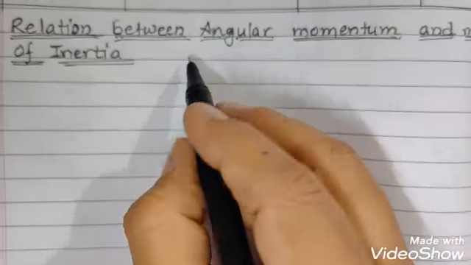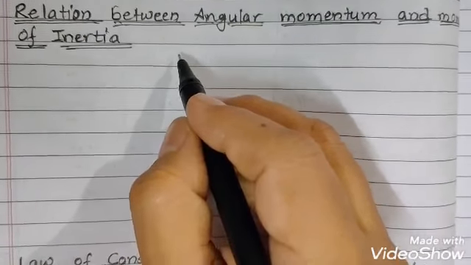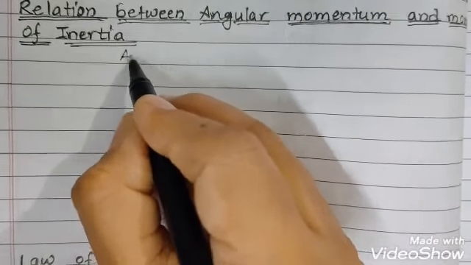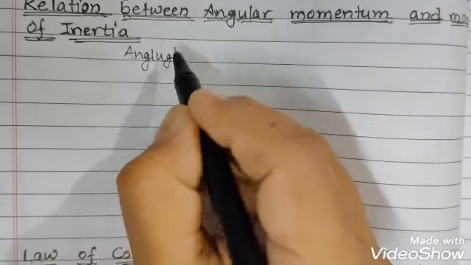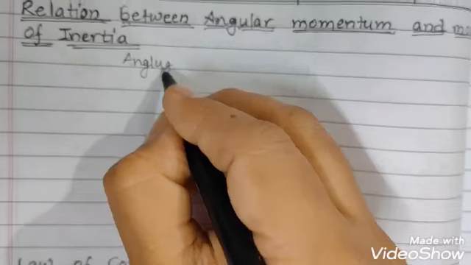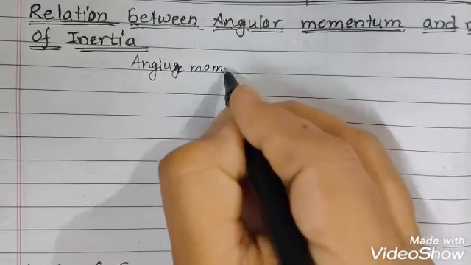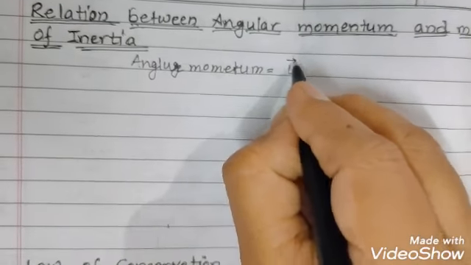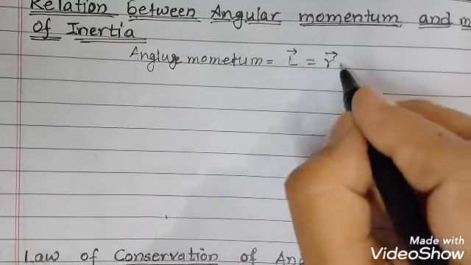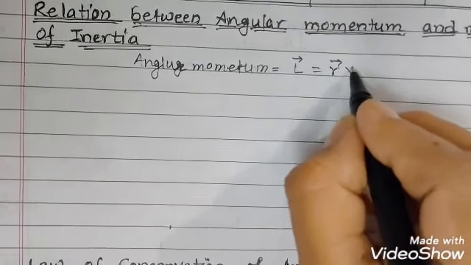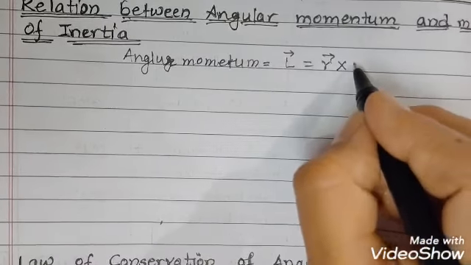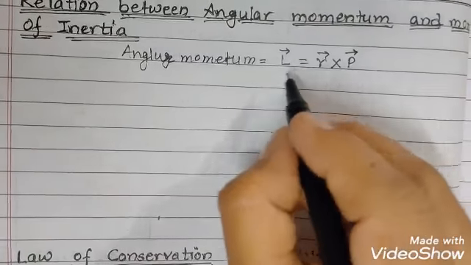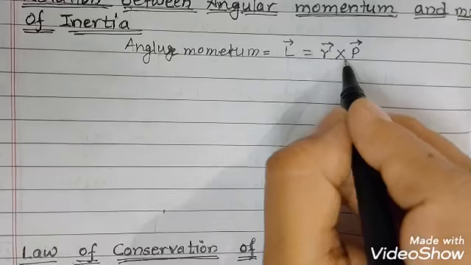Already, when we learned the cross product, we learned about angular momentum: the angular momentum is the cross product of the perpendicular distance from the line of action of momentum and the momentum. So L is equal to R cross P.